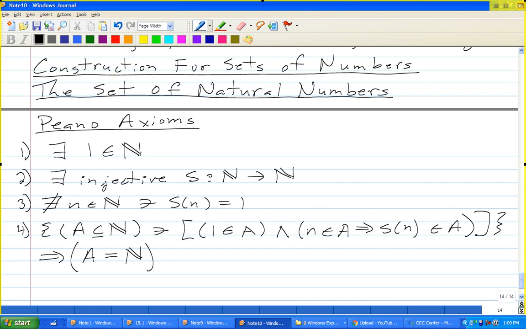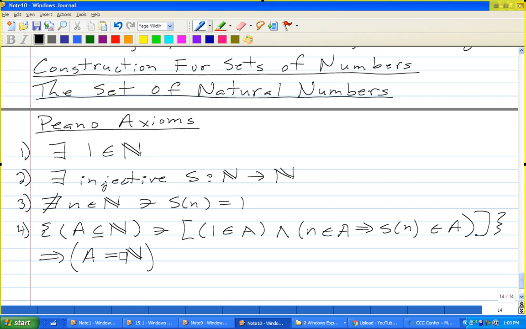So if the first thing is in your set, and if some natural number in the set implies that its successor is in the set, then that set is the set of all natural numbers. Meaning, if the first thing is true, and if the kth object being true implies the (k plus 1)th object is true, then it's true for all natural numbers.